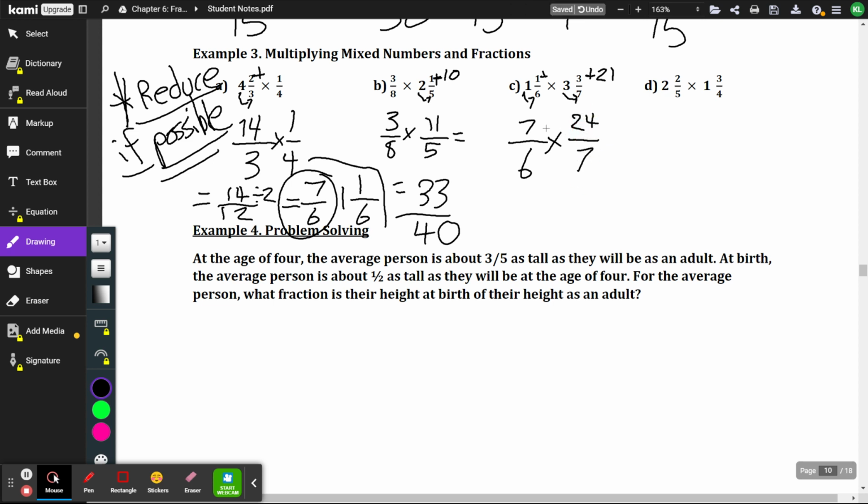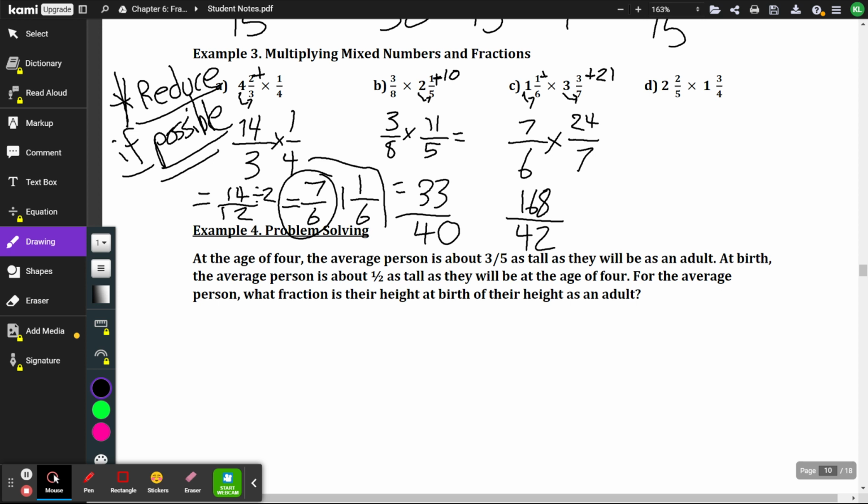And that's going to give me 7 times 24 is 168. 6 times 7, 42. 168 over 42. How can I reduce these? Well, I can divide them by 2. Look and see if I can divide by a larger number.